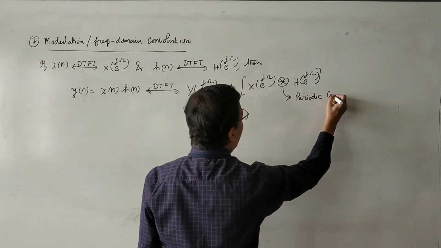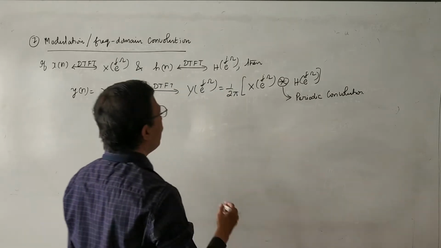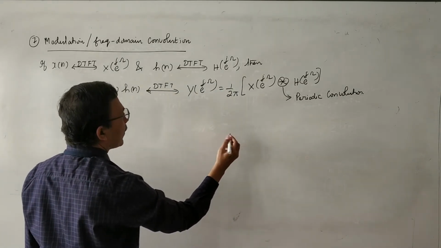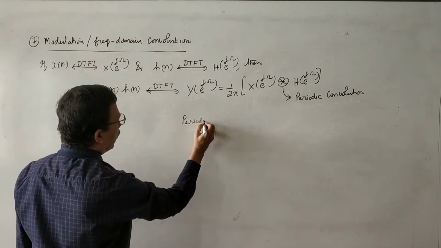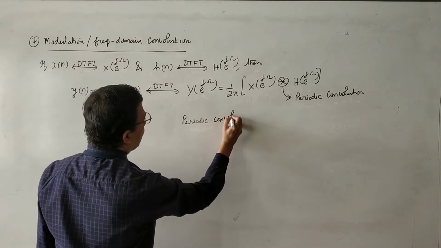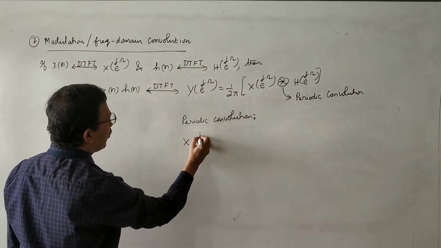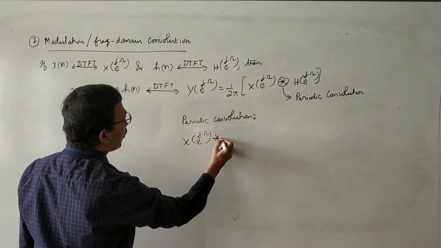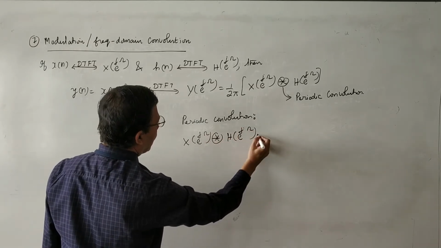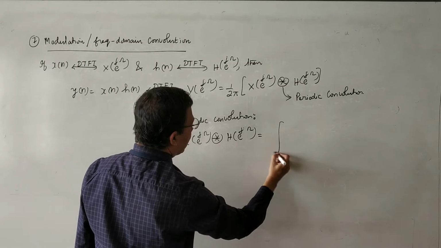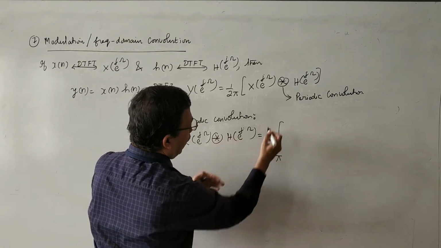What is the periodic convolution? I will explain. See, x of e power j omega periodic convolution, what it means is x of e power j omega convoluted with h of e power j omega equals integration from minus pi to plus pi.